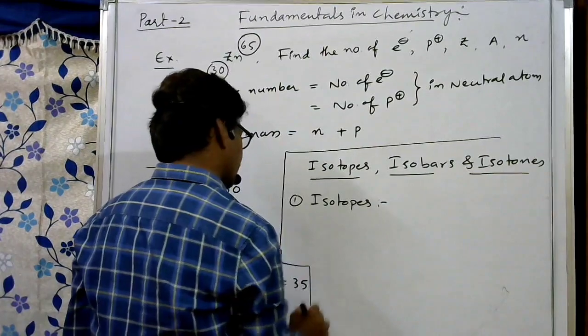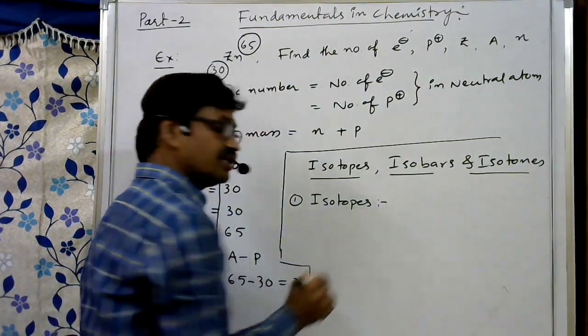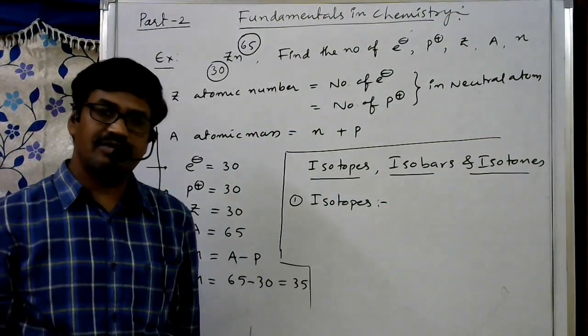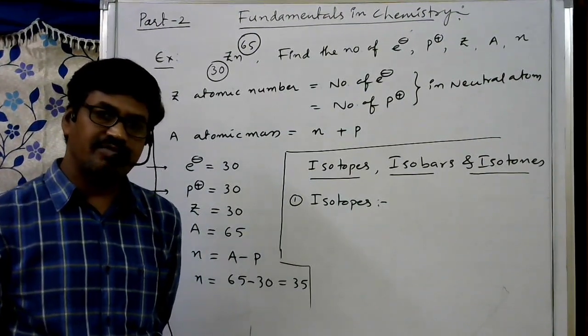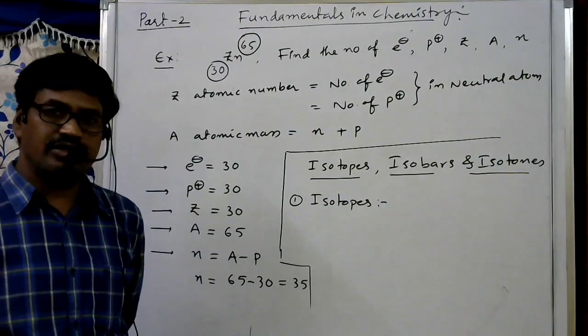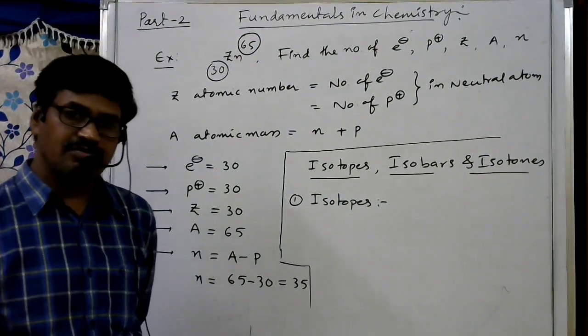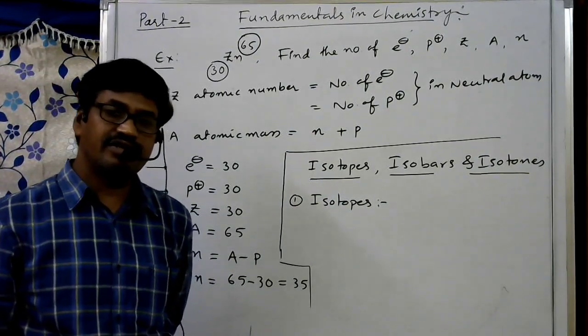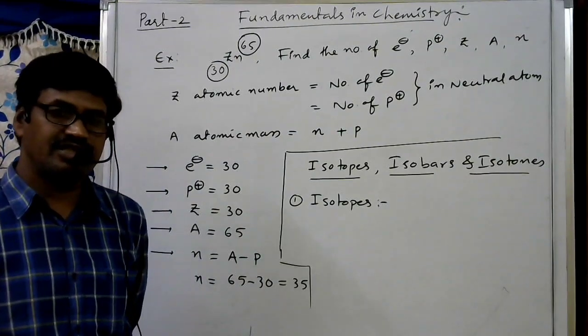Isotopes definition. They are atoms of the same element with the same number of protons or the same number of electrons, and different mass numbers.